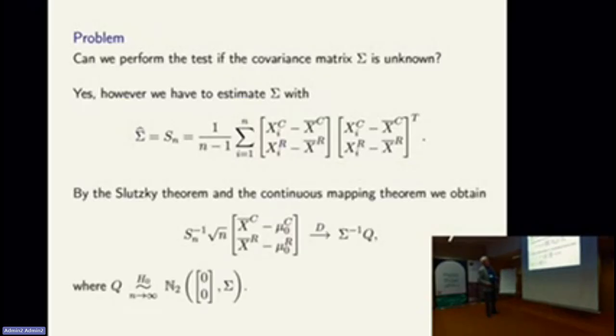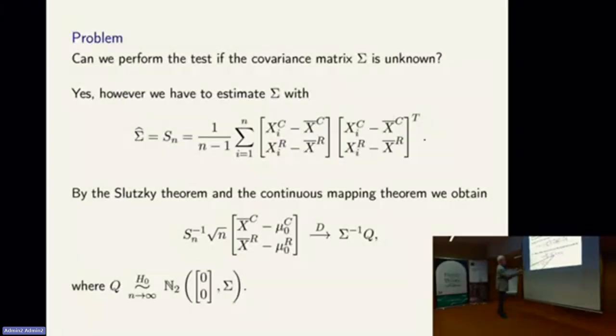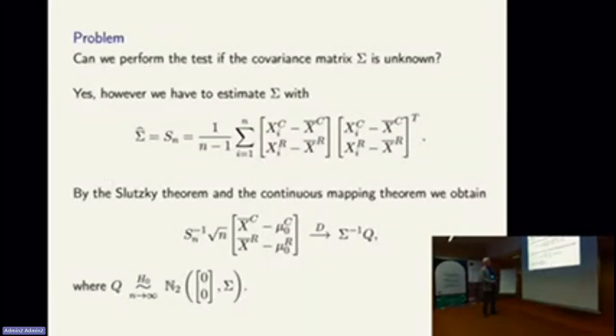And what can we prove? We can prove using the Slutsky theorem and the continuous mapping theorem that this construction tends to the following random variable.